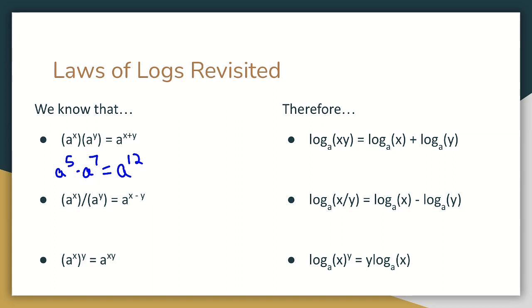So related to that is the example for the logarithms over here. Let's go the other direction: log base a of 5 plus log base a of 7 will equal log base a of 35.